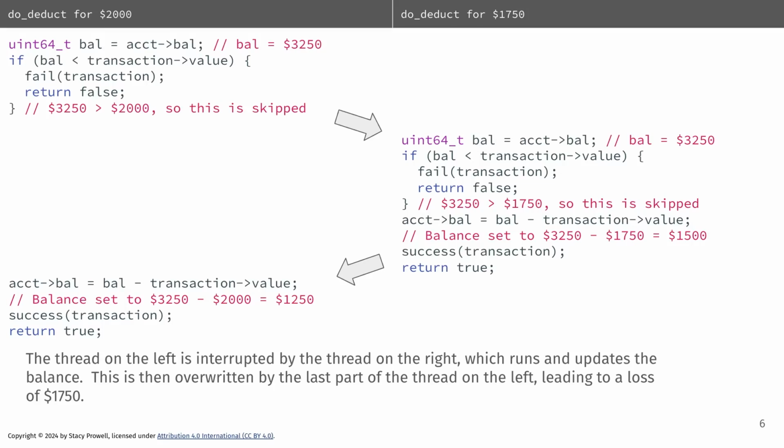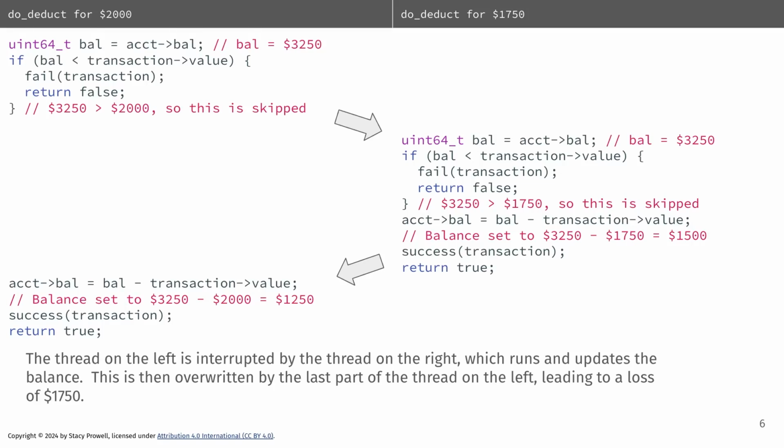Now, we context switch back to the other thread, and we do the balance update. Well, bal over on this thread still holds $3,250. We don't know that the account balance has changed. Bal still has $3,250, so we subtract $2,000 from $3,250, leaving you with $1,250 in your account, succeed the transaction, and we're done.